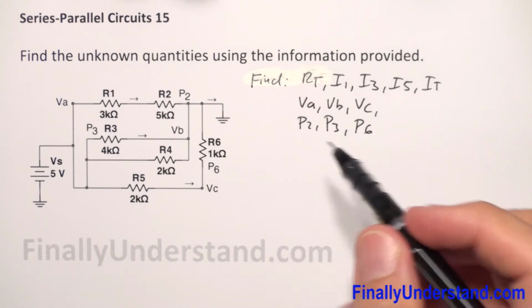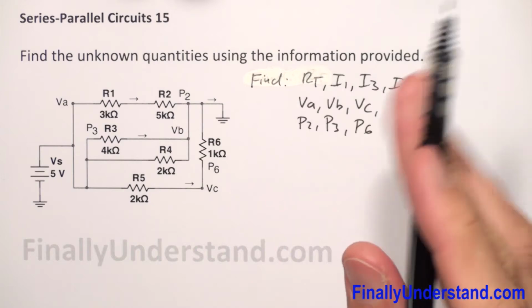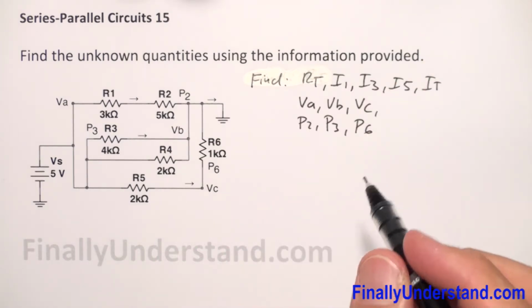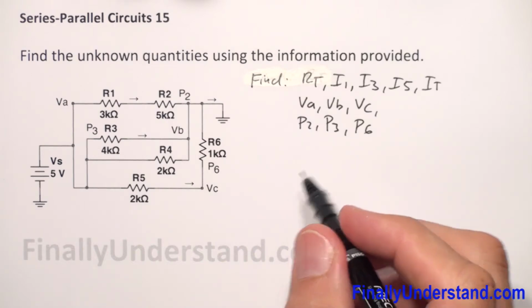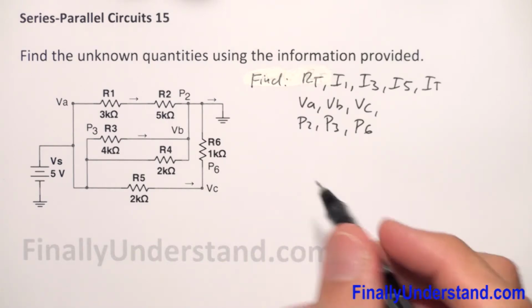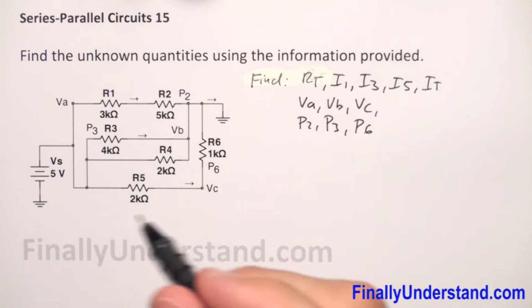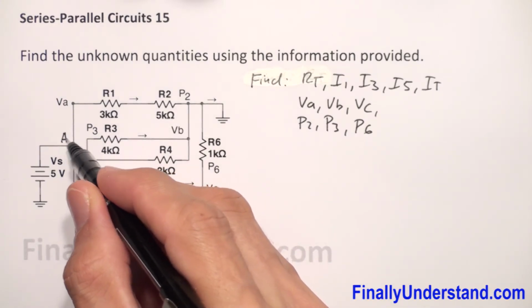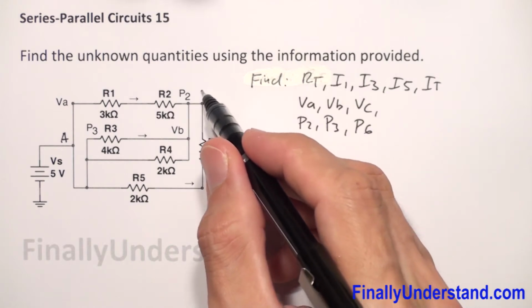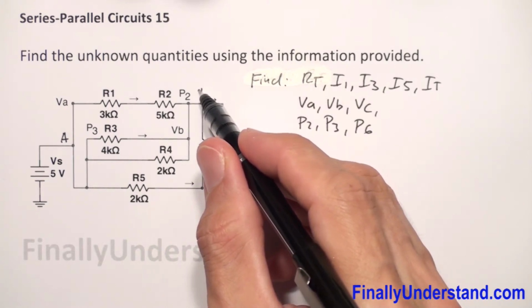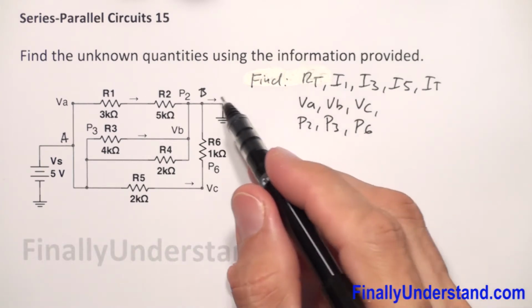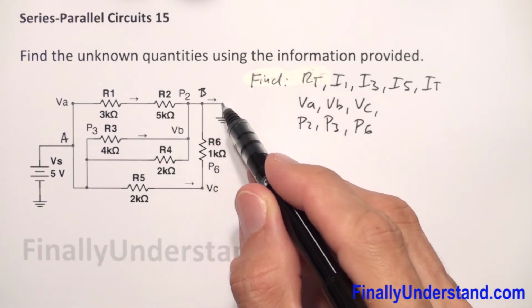So for some of you this circuit can look kind of complex, so the very first thing which I'm going to do, I'm going to redraw the circuit in order to make it look a little bit simpler. So this is my point A. This is my point B. Okay, so please notice that point B is my ground, right?